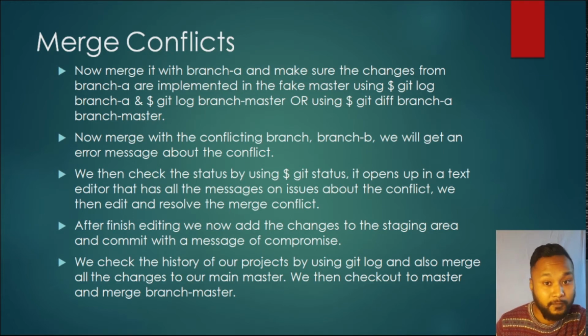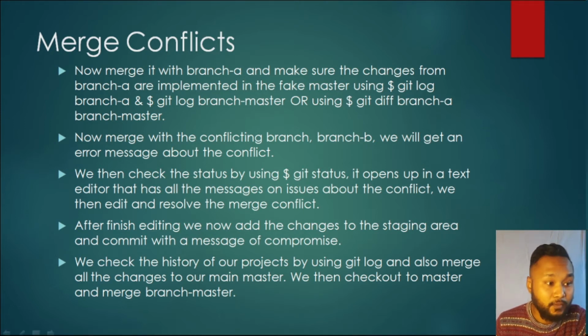After solving the conflict, we can also tally the difference between before conflict and the branch master, which is the fake master. And after doing everything, we finally merge it to our main master.